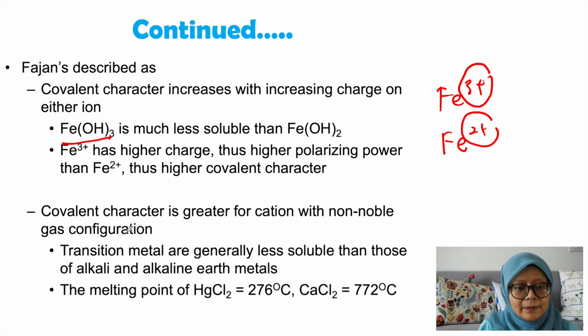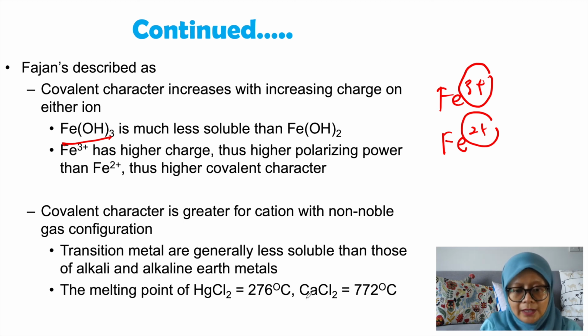And then another example: covalent character is greater for cations with a non-noble gas configuration. So transition metals are generally less soluble than alkali and alkaline earth metals, group 1 and group 2. Why? Because of the size. Here we have an example in terms of melting point of mercury chloride and calcium chloride.